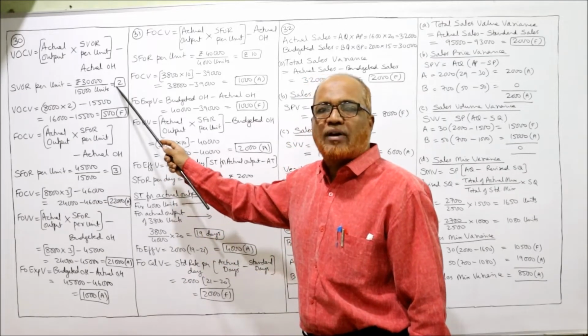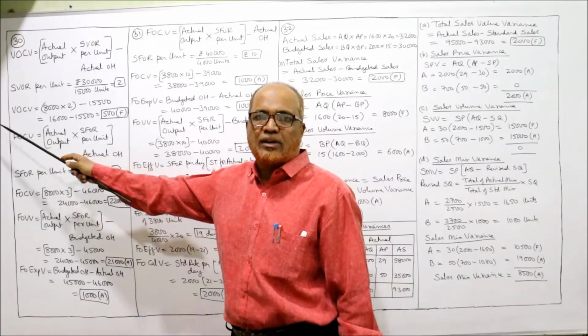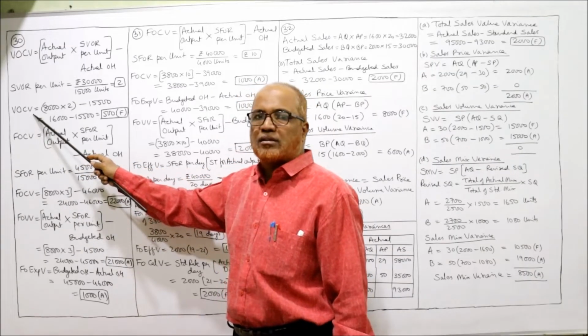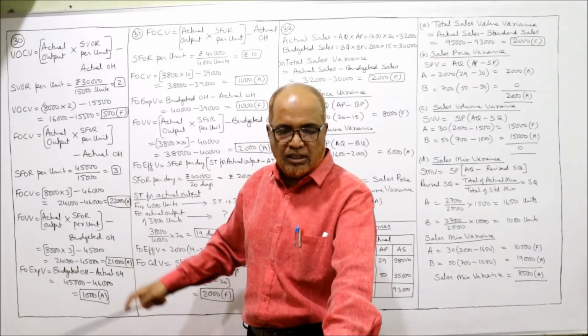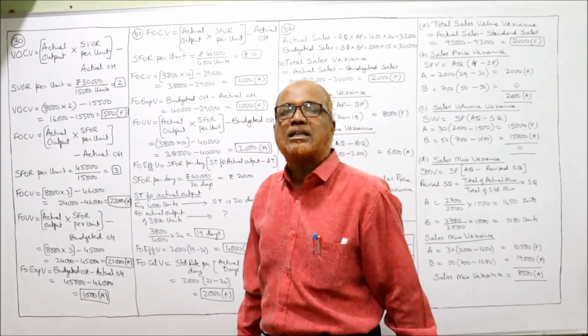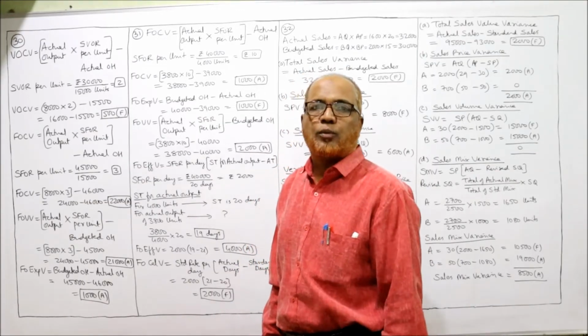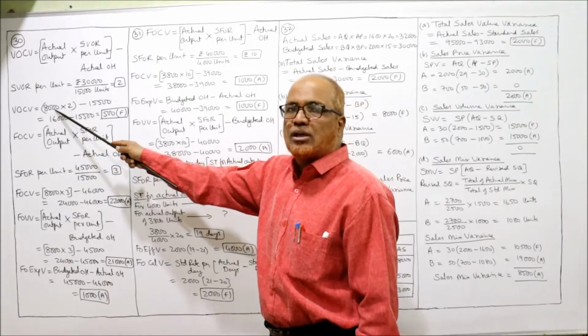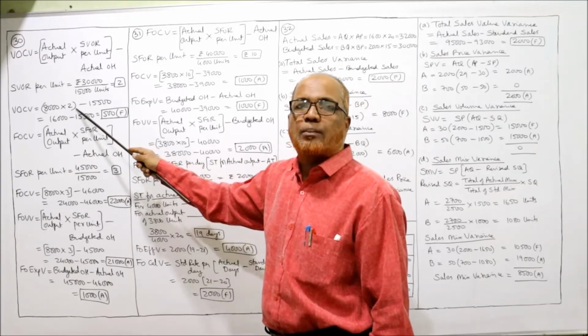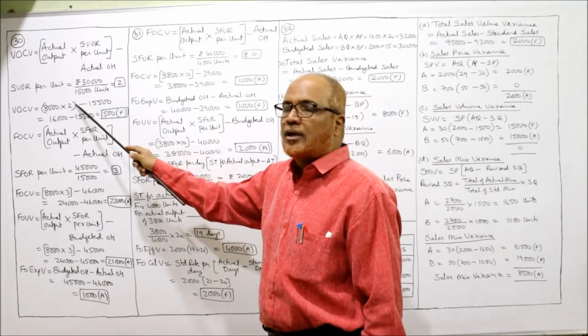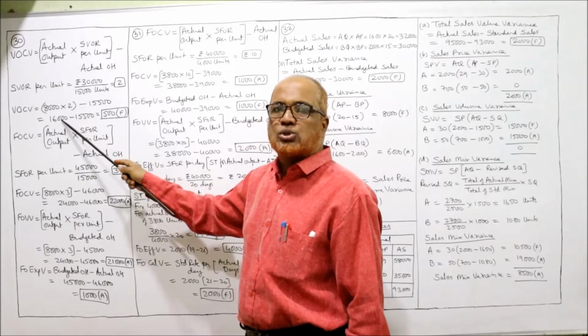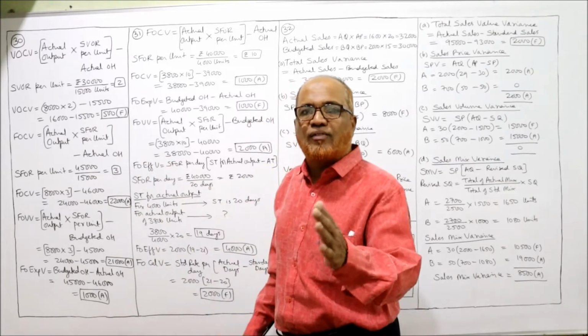Now we substitute the values in the formula for VOCV, variable overhead cost variance: actual output. In the problem, actual output is given as 8,000 units. So 8,000 units into SVOR per unit, 2 rupees, so 8,000 into 2 is 16,000, minus actual variable overhead.